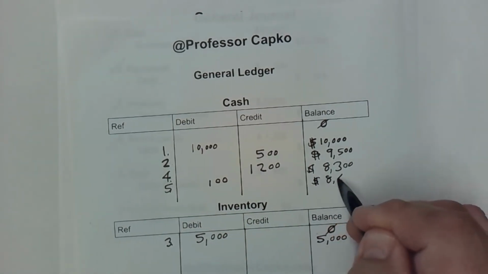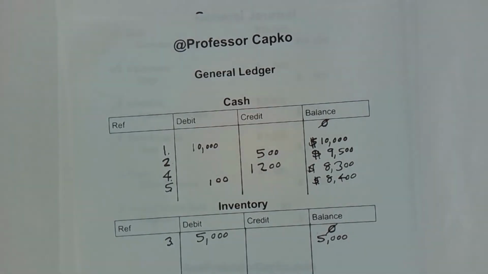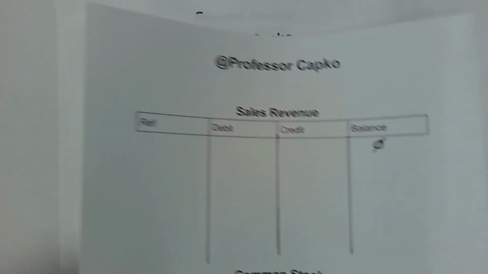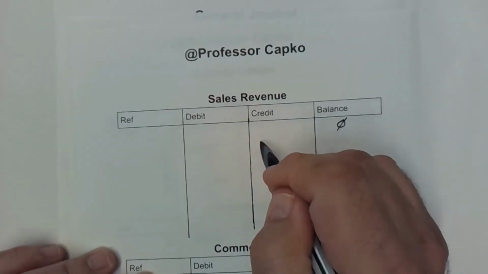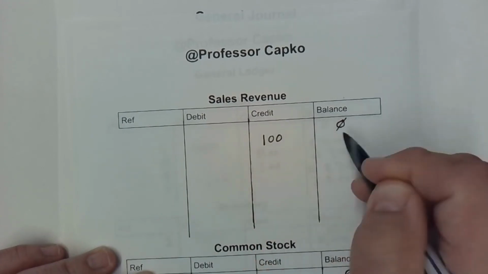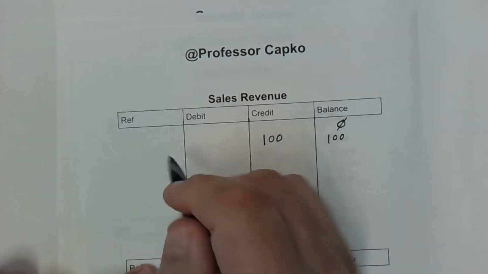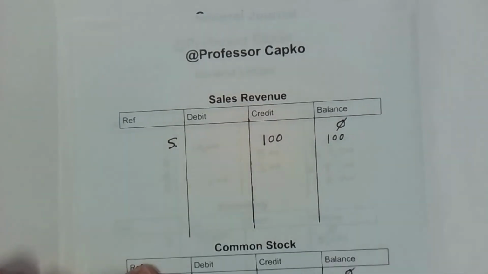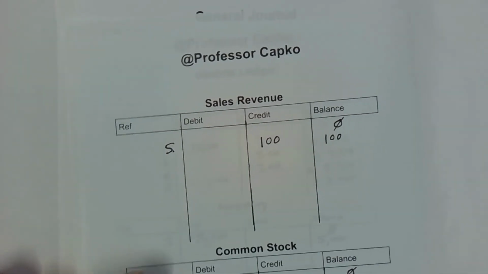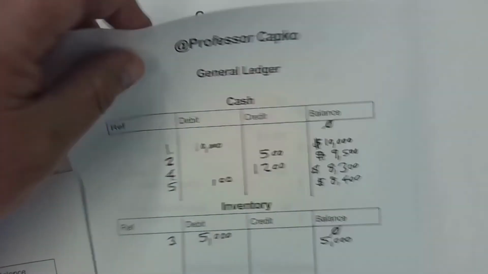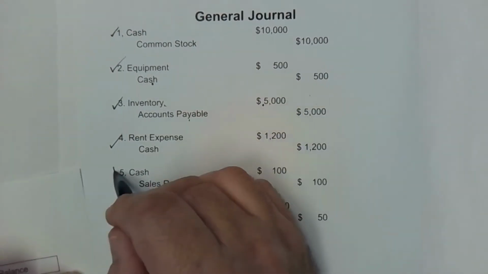So we have $8,400 as our new balance in the cash account, and that was sales revenue. So I'm going to credit sales revenue for that $100. So our balance in that account is $100. And again, that was reference number 5. We took care of that.